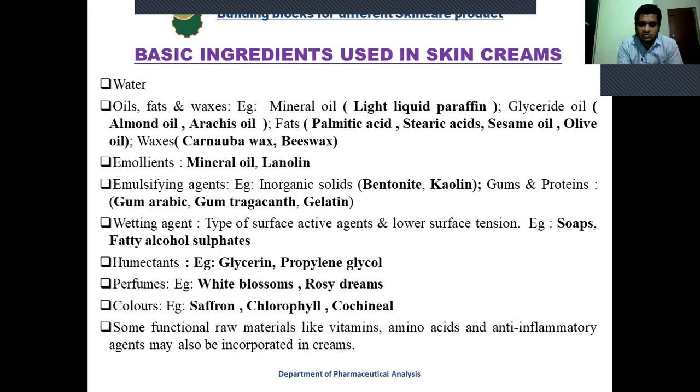phase. You know that an emulsion can be water in oil or oil in water. Water in oil means the water will be the internal phase. Oil in water means the oil will be the internal phase.